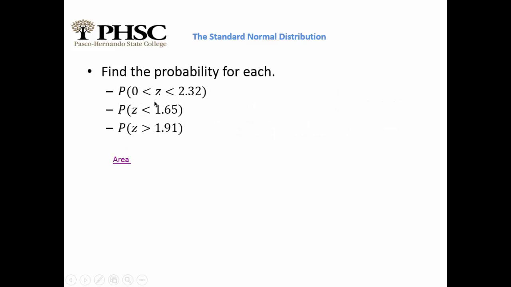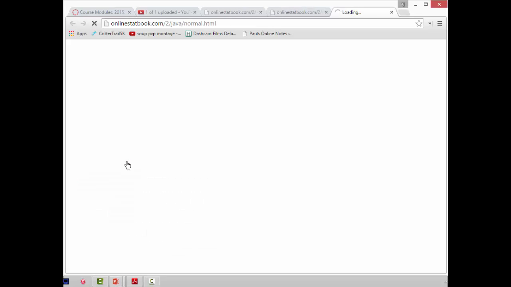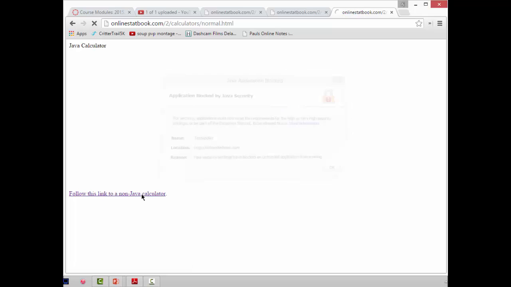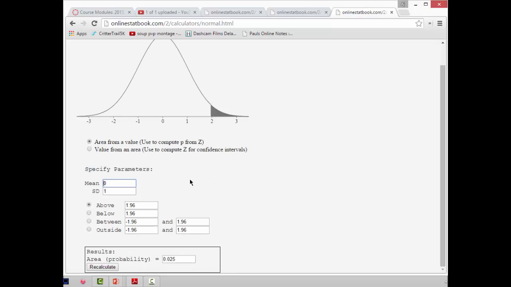For this one here, we're looking for the probability that z is between 0 and 2.32, then z is less than 1.65, or the probability of z is greater than 1.91. So let's go to the first one, that z is between 0 and 2.32. Again, when you click on it, make sure you click on the non-Java one.